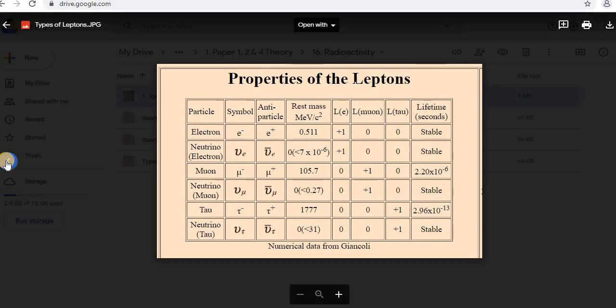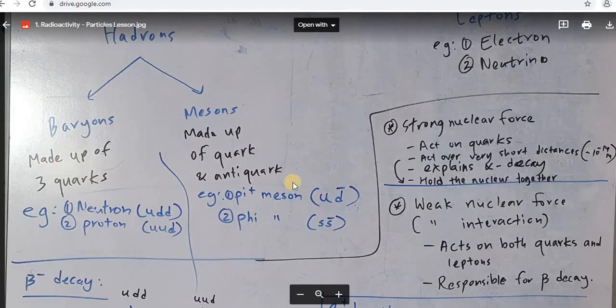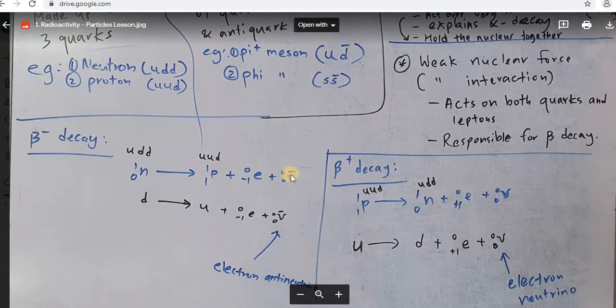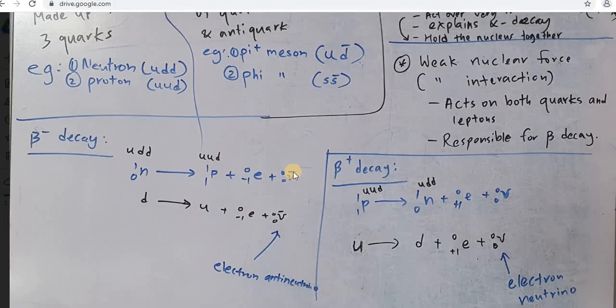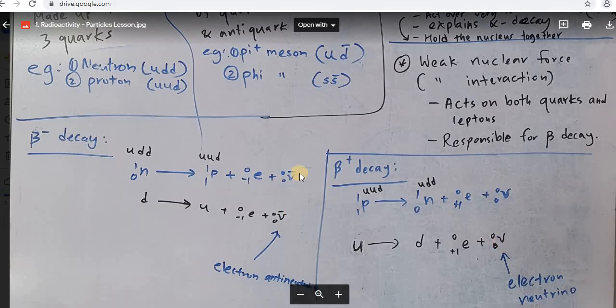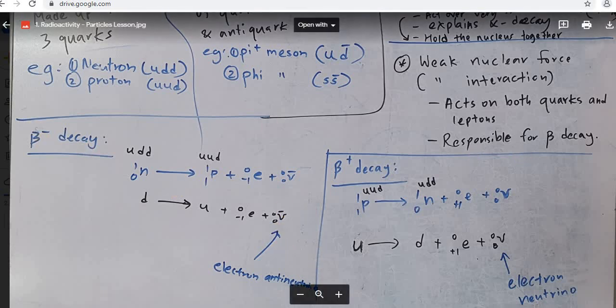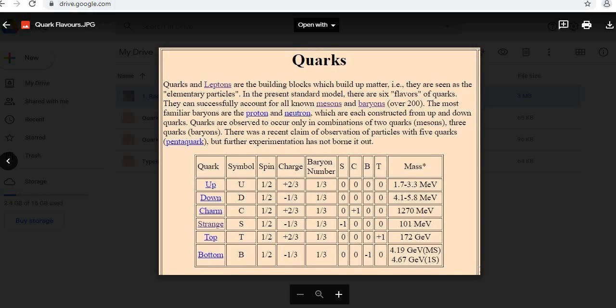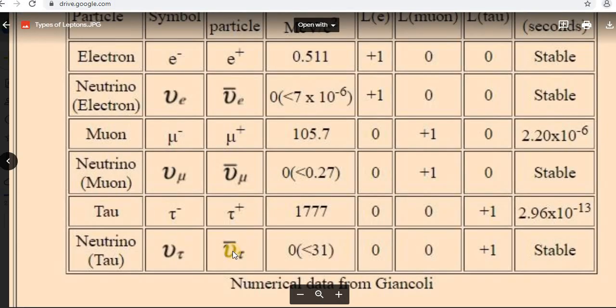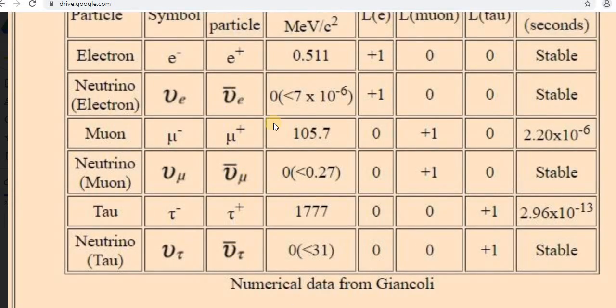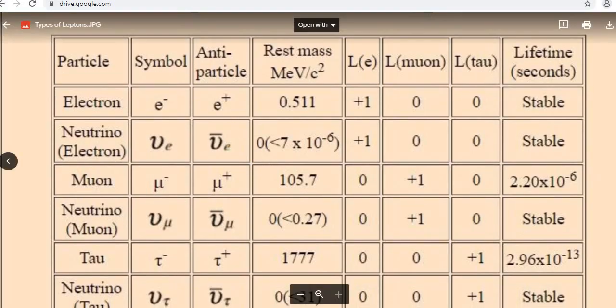So you would have seen this in the equations for beta minus and beta plus decay. See here, this is the antineutrino, so we use a bar on top. Electron antineutrino, sorry. We can also use a small letter e here to indicate that it is the electron antineutrino, to be very specific. Because if you look at the neutrinos, you have tau neutrino, muon neutrino, and the electron neutrino.